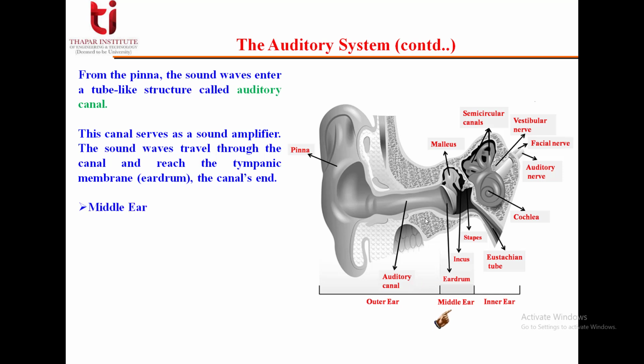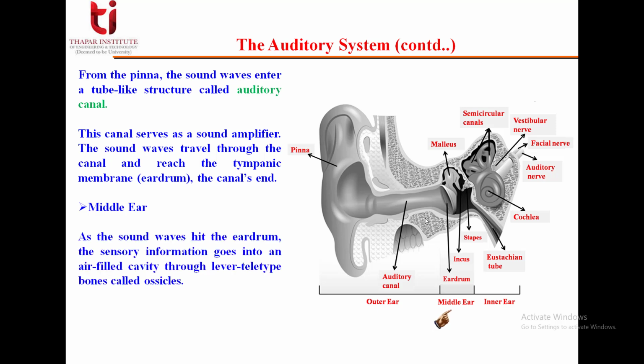So now from here begins the middle ear. As the sound waves hit the eardrum, the sensory information goes into an air-filled cavity through lever-type bones called ossicles. So it is an air-filled cavity which includes different bones.